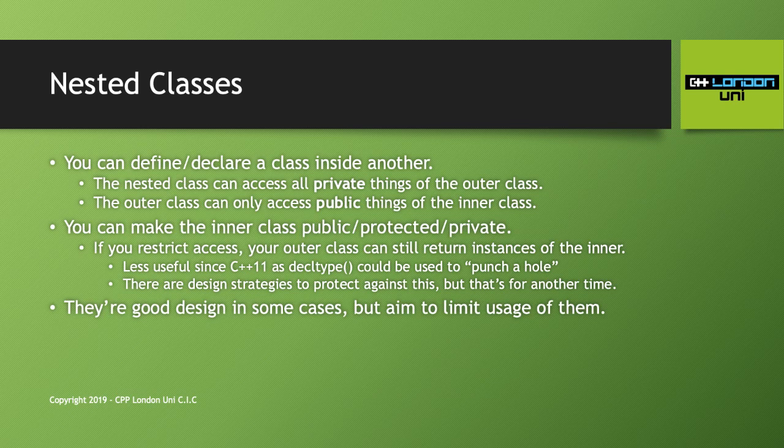Yes, they can be good design in some cases, but don't overuse them. They're going to bloat your class somewhat. It makes sense for transient data though. So, for example, I might have an inner class that's just got a couple of strings in it, whatever, and it doesn't have any functionality. It just happens to be a way of organizing data. One of the things you can use a struct for is to represent functionality, and that is OOP.